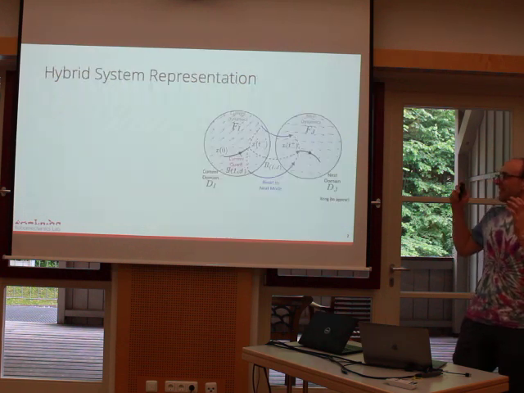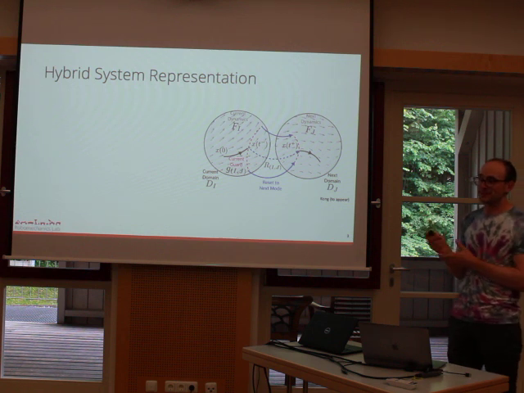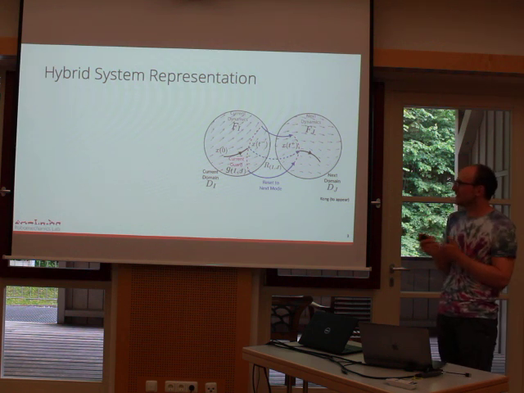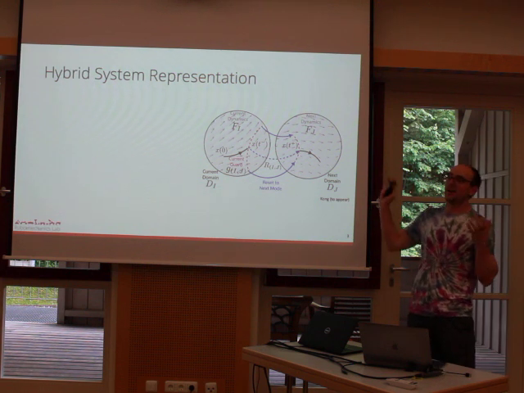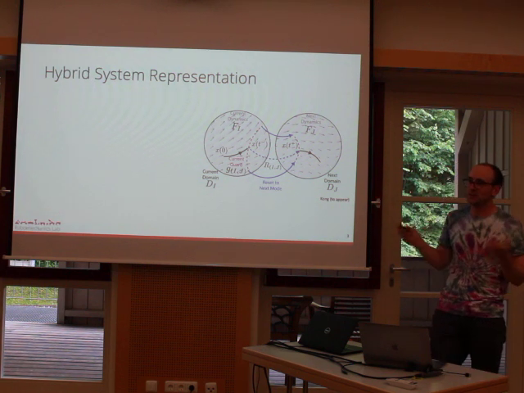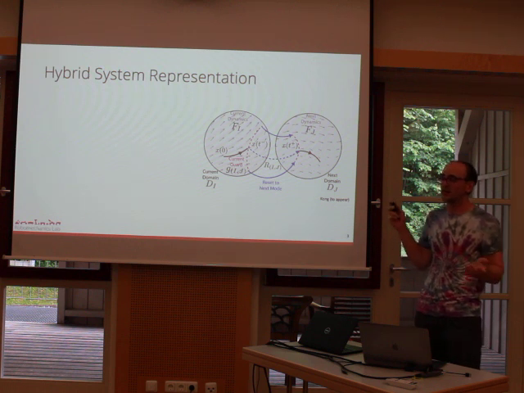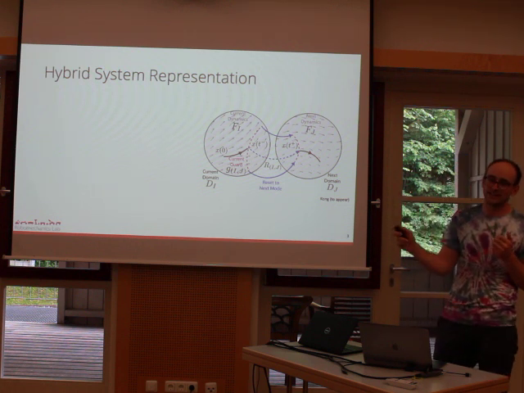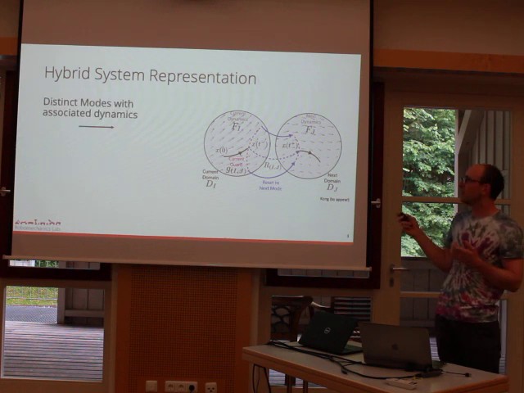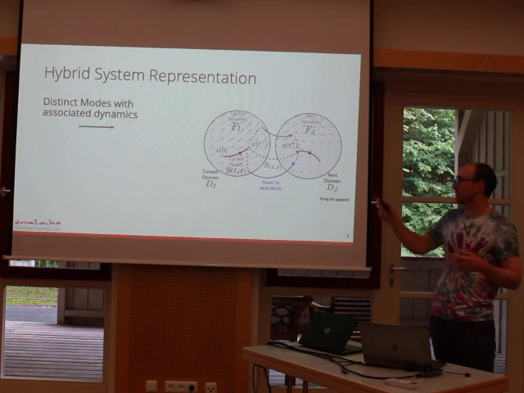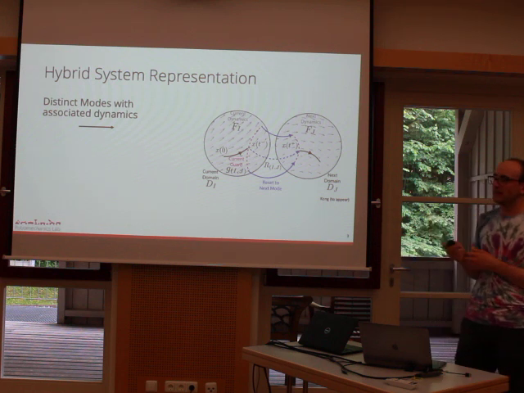Hybrid systems is a way to represent these sorts of contact systems. Essentially, a hybrid system is where for each contact mode, so on the left you could say a foot is not on the ground, and on the right you could say that foot is on the ground, they'll each have their own dynamics that they'll flow through. In each of these modes, these gray lines and the black line would represent how you'd flow through those dynamics.